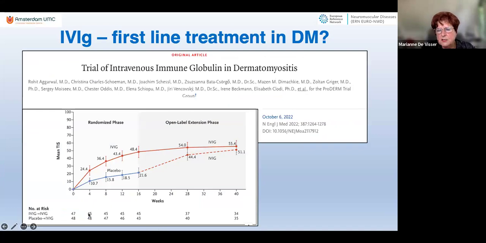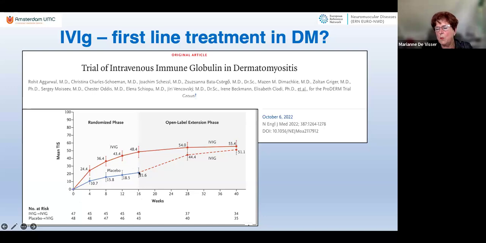As you can see, the results are really impressive. This is again on the y-axis, the treatment improvement score, here the weeks. It was a 16-week trial, and you see the significant difference between the placebo-treated and IVIG-treated patients.